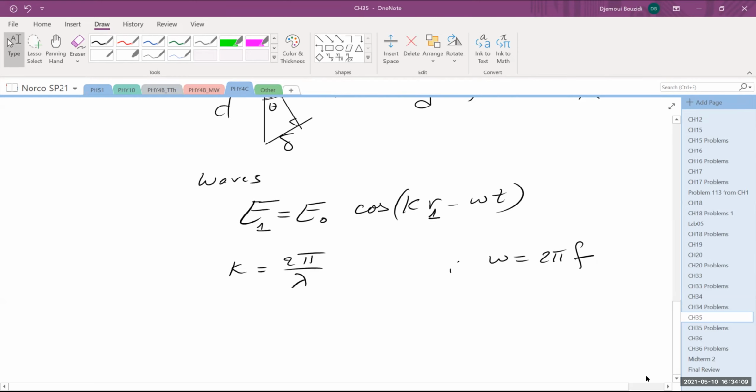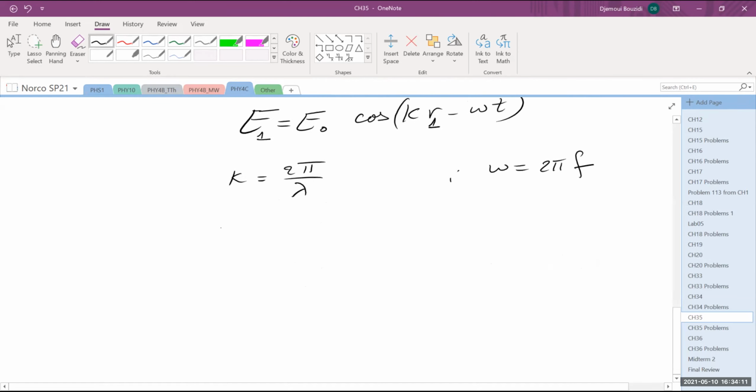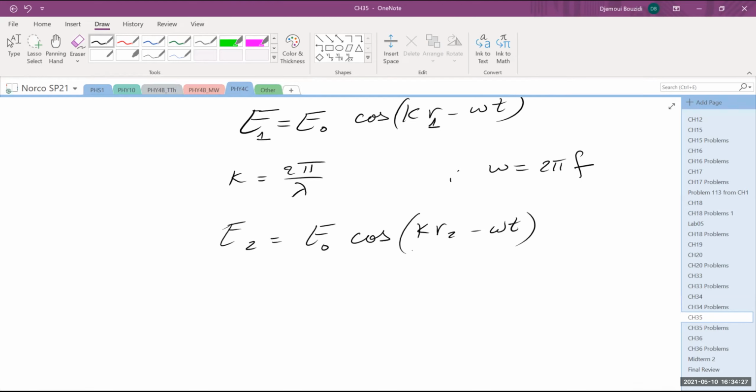E2 will be in a similar fashion, coming from the second source, equal to E naught times the cosine of k r2 minus omega t, where t is the instant when the two waves meet. The only difference between them is that one traveled the whole distance r1, whereas the other traveled the whole distance r2, and these two distances are not the same.